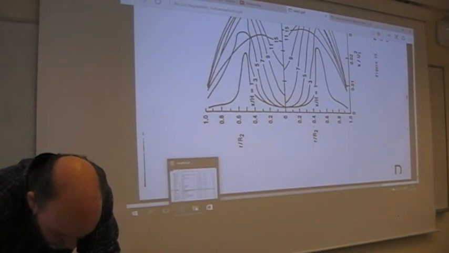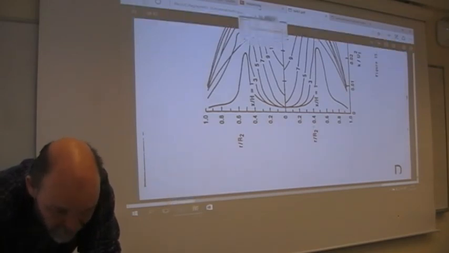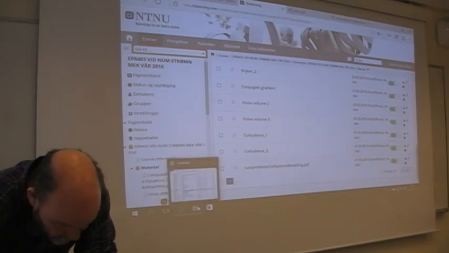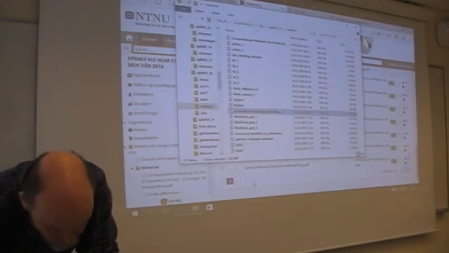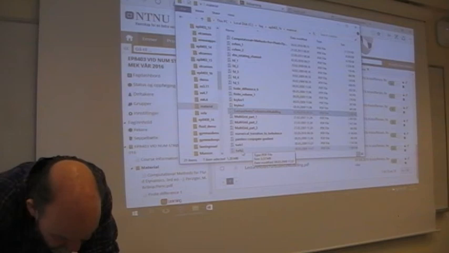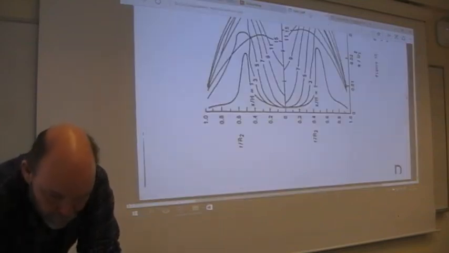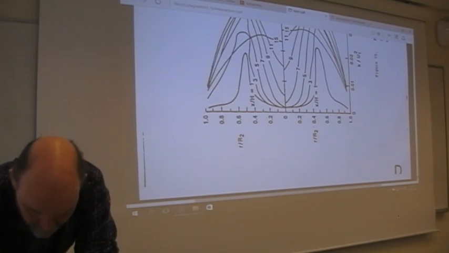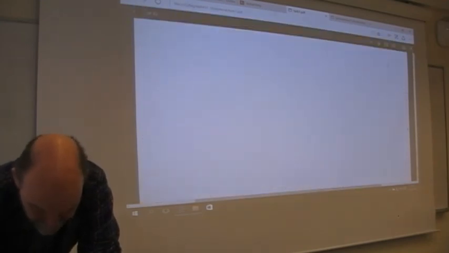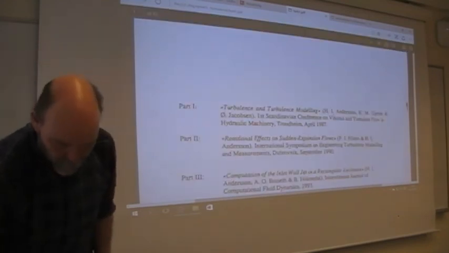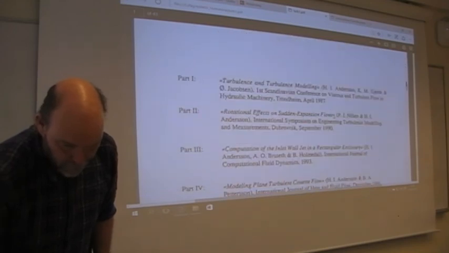Okay, that was the end of the first turbulence part. The second one will contain some articles, which will more or less be examples of how to look at complex problems where we know the classical two equation models will fail.